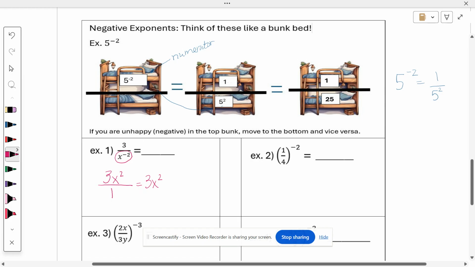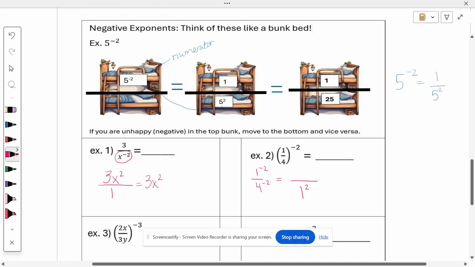When I look at example number 2, the whole quantity, the entire fraction, 1/4, is being raised to the negative 2 power. Well, if I use my power rule of quotients, that just says that I can distribute that power to every term, right? That's a good way to think about it. Well, 1 is to the negative 2 power in the top bunk. I'm going to move it down to the bottom bunk.